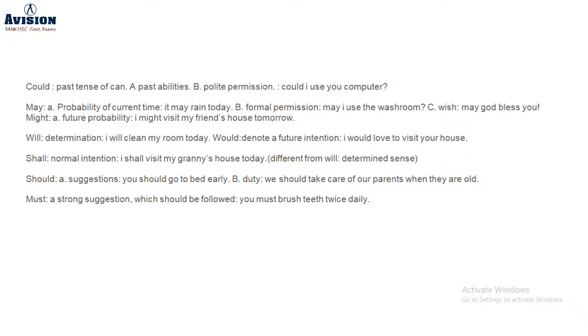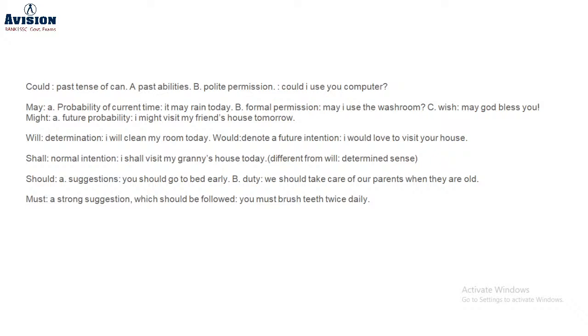When we suggest something that the other person should do, we are not forcing them, but this is just a suggestion which we are giving them. So then we use should. You should go to bed early. Then also for duty, we should take care of our parents when they are old. This denotes a duty, an obligation which we should perform. In these kinds of senses we use should.